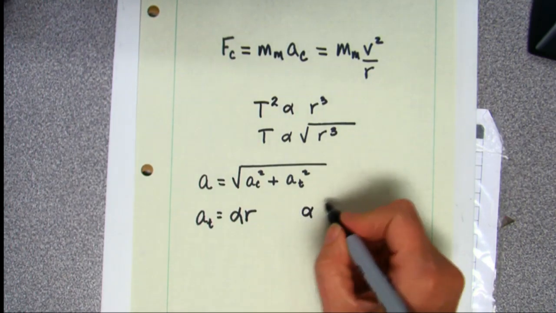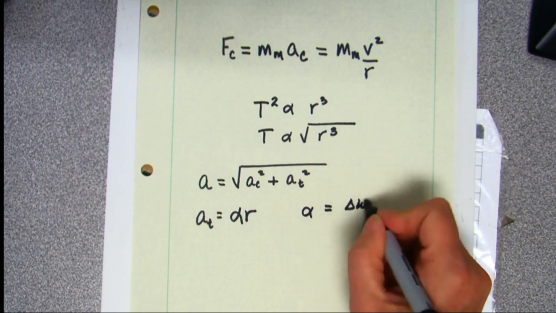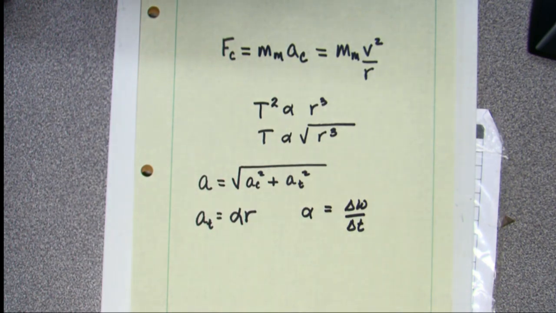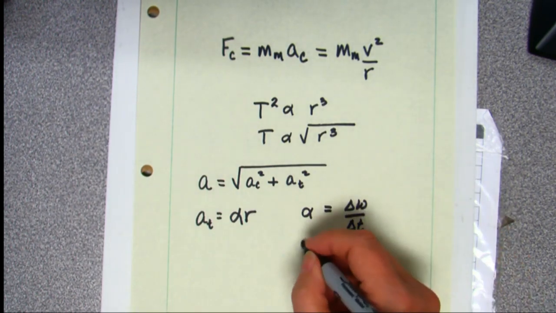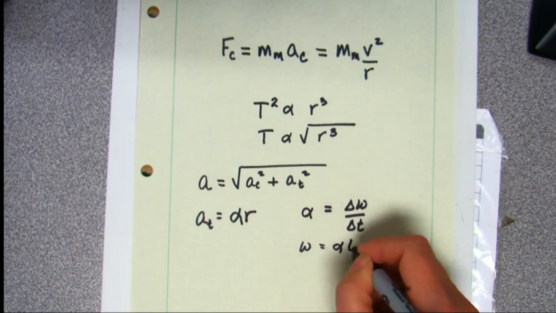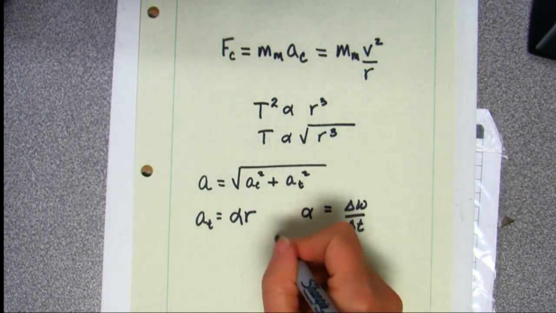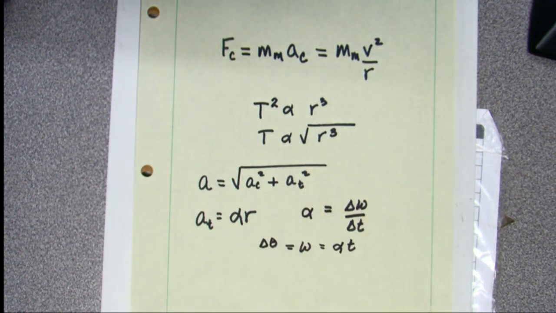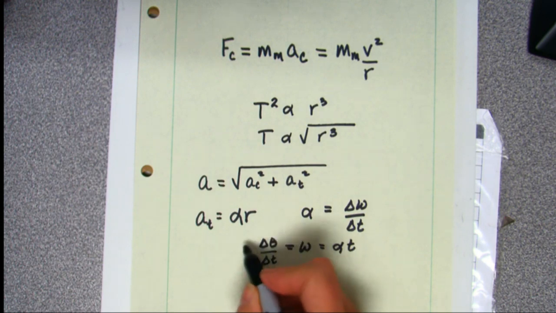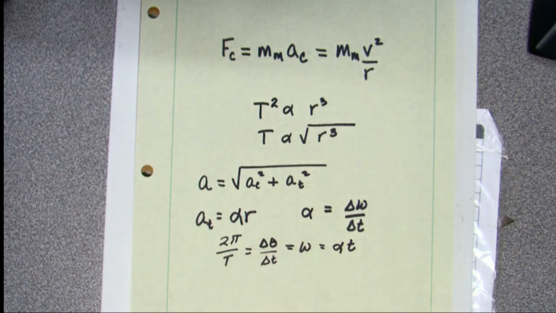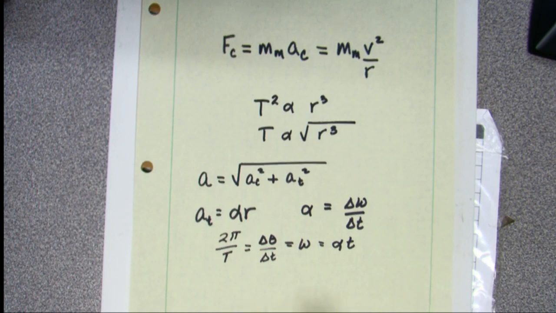We know that alpha is my change in my angular velocity. Right? So I can rewrite my angular velocity as alpha t. This is a change in angle with respect to time. This equals 2 pi over the period. Okay? That equals 2 pi over the period.